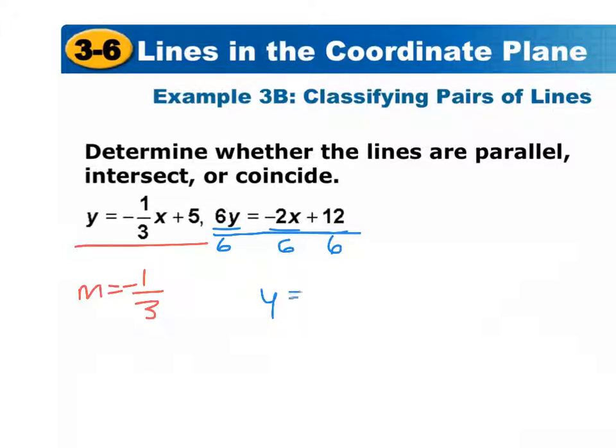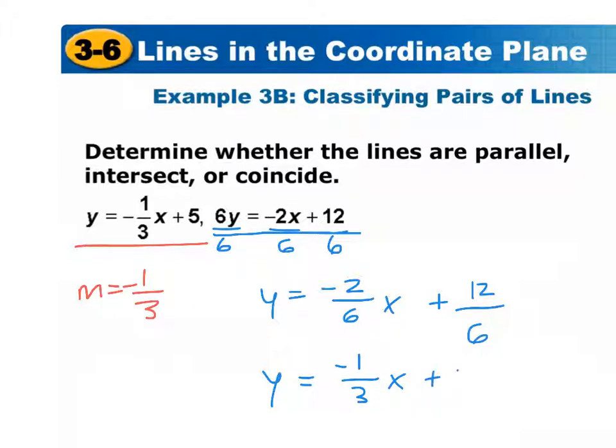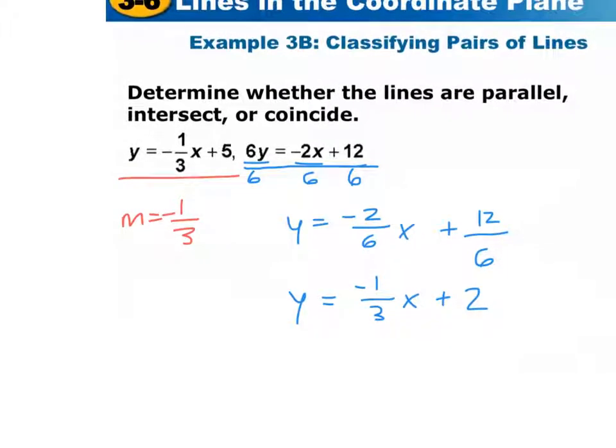So we get y is equal to -2/6x plus 12/6. Can we simplify this? Yes. So y is equal to -1/3x. What's 12/6 simplified to? Plus 2. So what's our slope of the blue line?